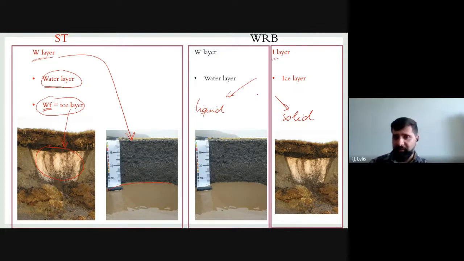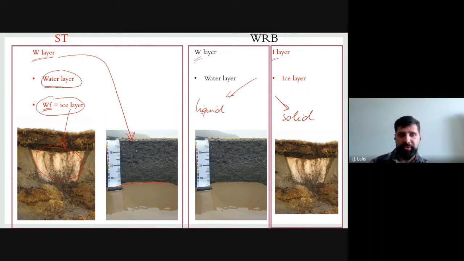If you have a liquid water layer, you have a W layer. So they are different. Of course, in Africa and Brazil, we don't see these layers very easily, but we can identify them in some regions around the world.